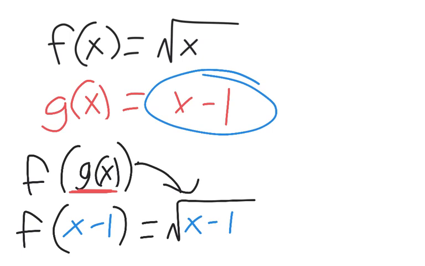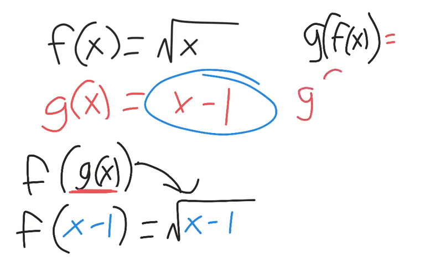We good with that? Now what if I go the other direction? What is g of f of x? This time I'm plugging in f of x, which is radical x.